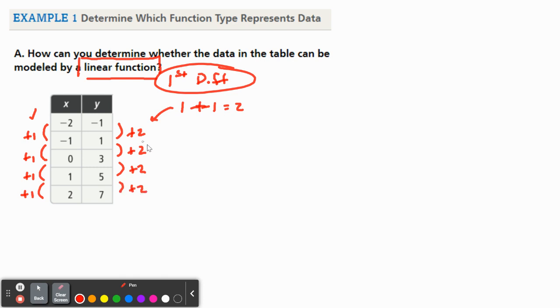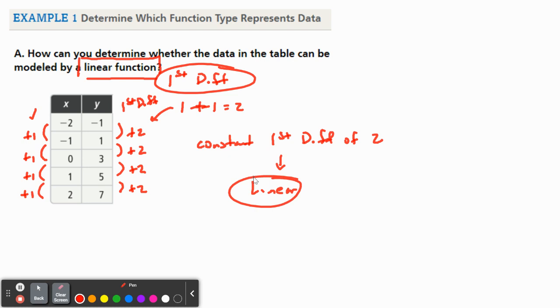What this shows is that you have a consistent first difference. So this is our first differences, and they are constant. So because we have a constant first difference of 2, this shows that these ordered pairs will represent a linear model.